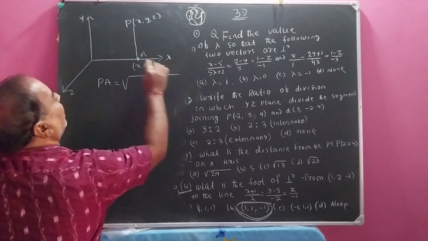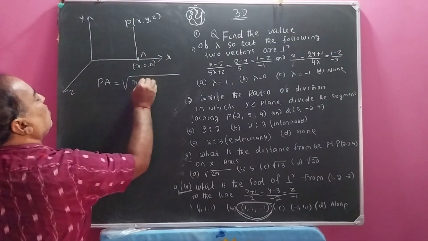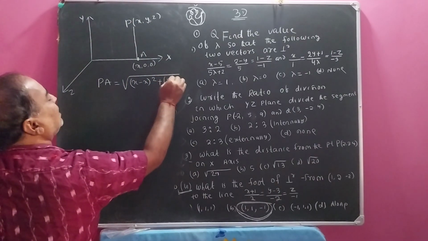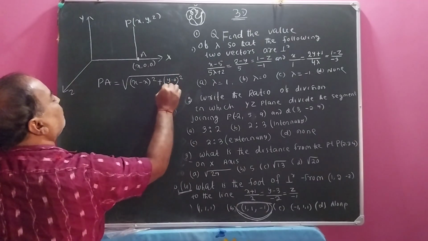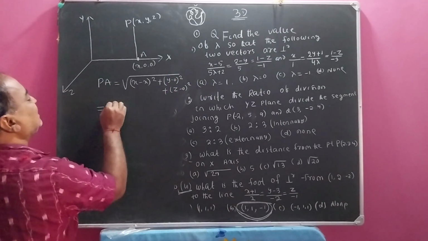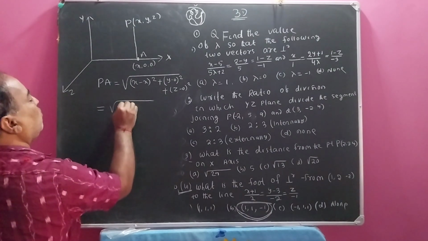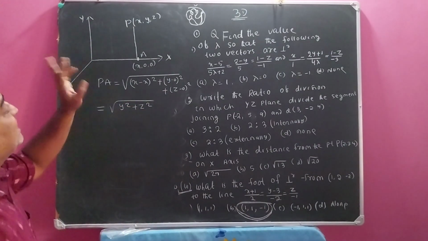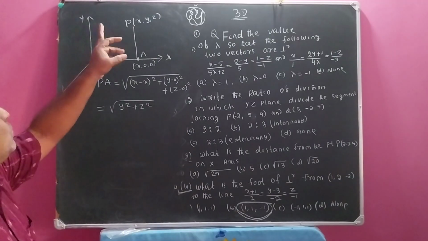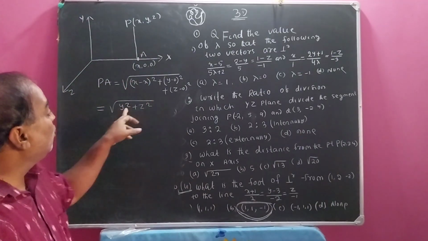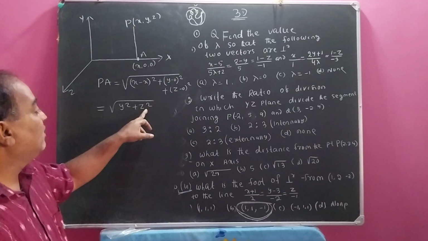The distance formula: root of (x minus x) whole square plus (y minus 0) whole square plus (z minus 0) whole square. So that is root over y square plus z square. Okay, so the distance from point P(x, y, z) to the x-axis is always root over y square plus z square.